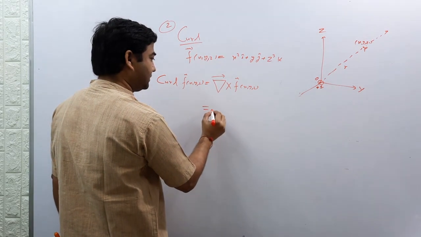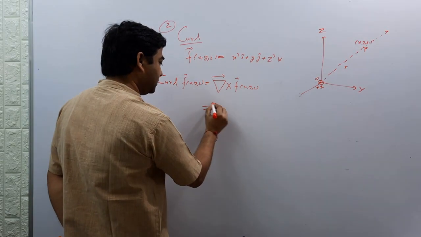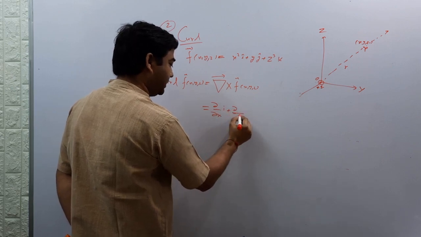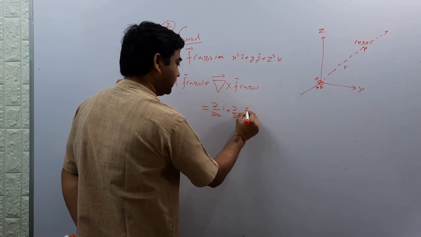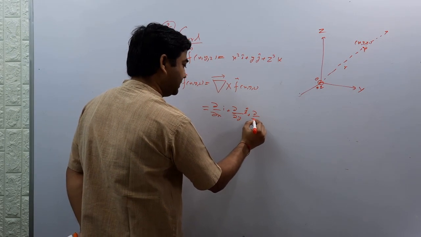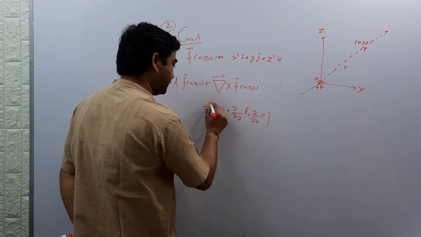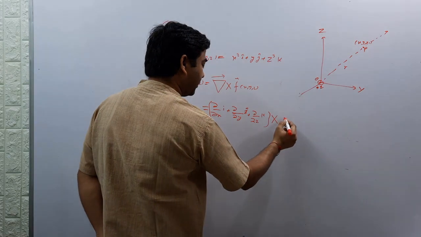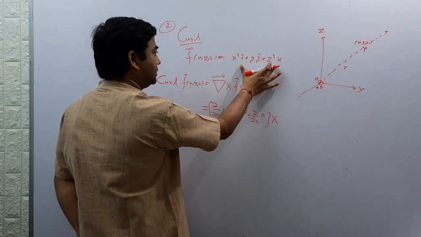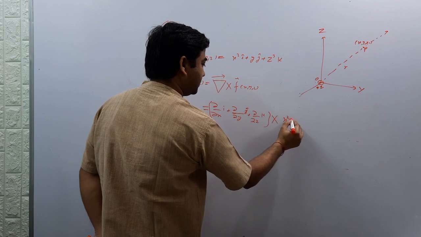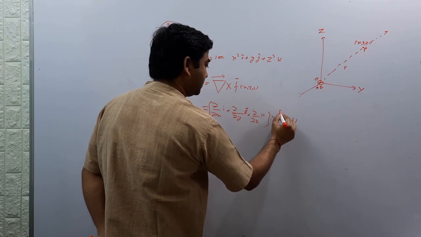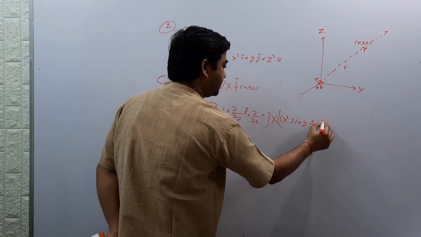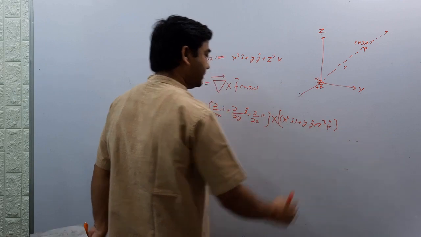So that is del, del by del x i plus del by del y j plus del by del z k, cross F(x, y, z), where we put this expression: x squared i plus y j plus z cubed k.